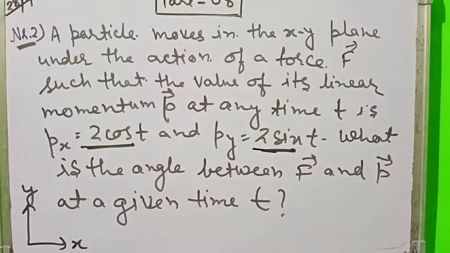What is the angle between the force and the momentum? You have to find the angle between force and momentum at any time t. So look at the solution of this question.